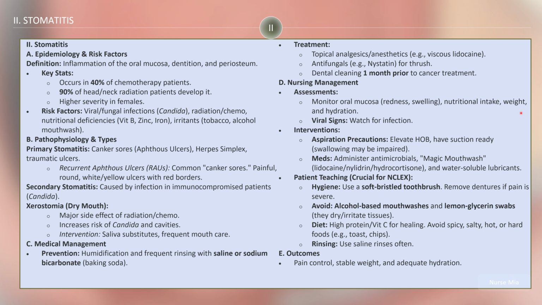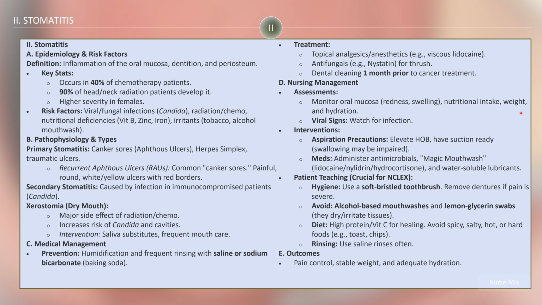The pathophysiology is inflammation and ulceration of the oral mucosa, often involving the lips, tongue, and buccal mucosa. Primary stomatitis includes aphthous ulcers, canker sores, herpes simplex, and traumatic ulcers.